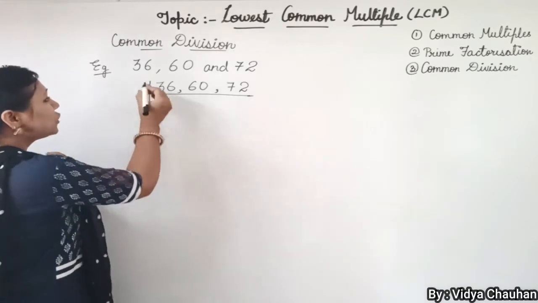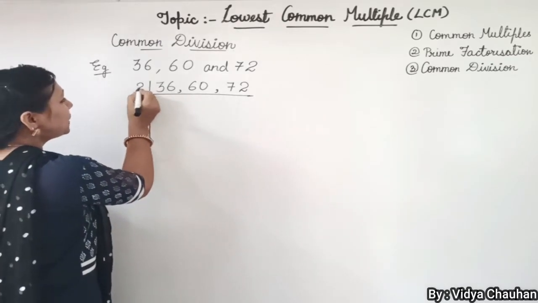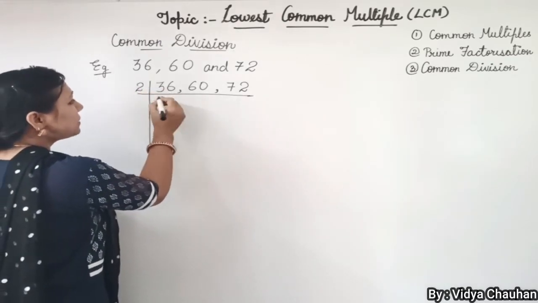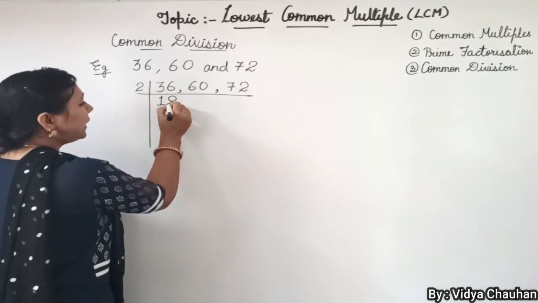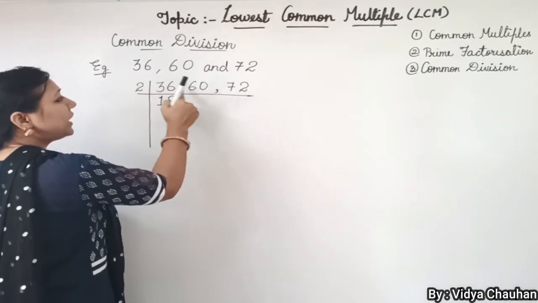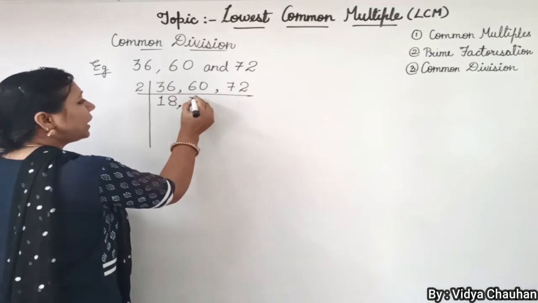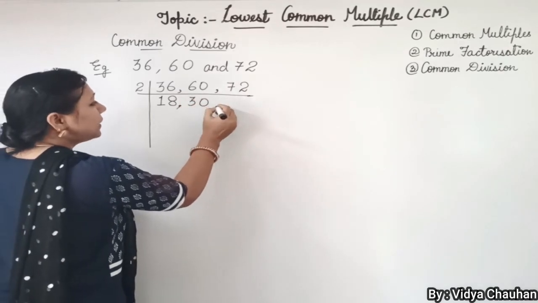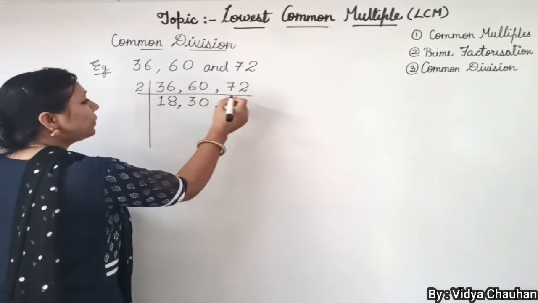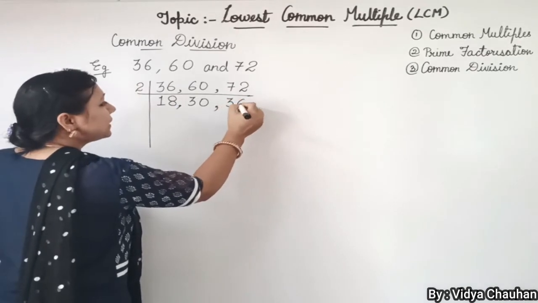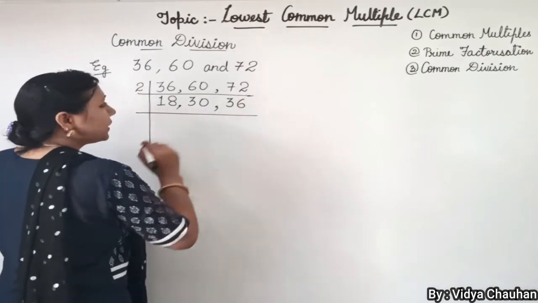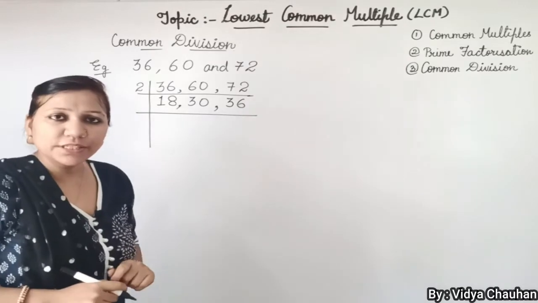Clear, students? So let us start with 2 very first. When I divide 36 by 2, I get 18. When I divide 60 by 2, I get 30. And when we divide 72 by 2, we get 36. Clear, students? So this is our first division step.